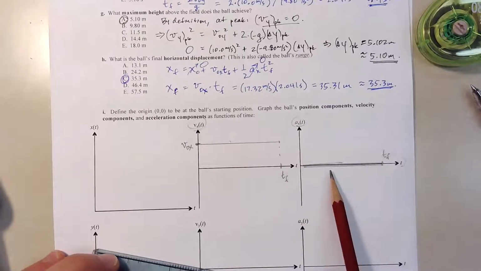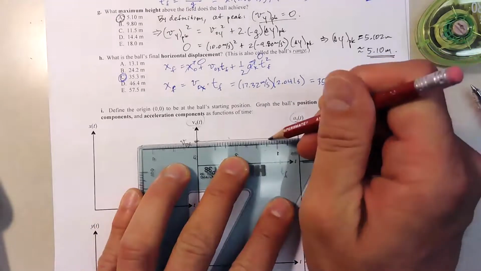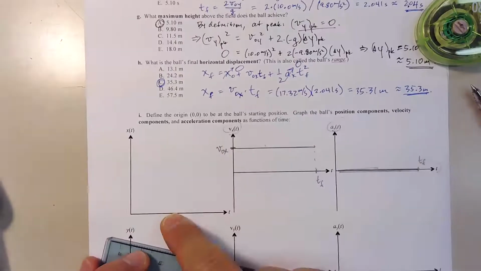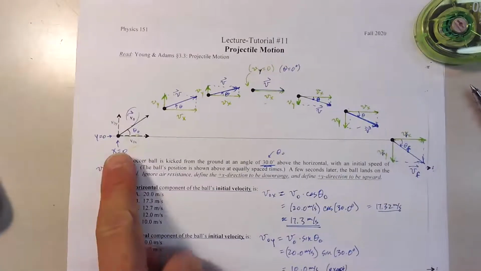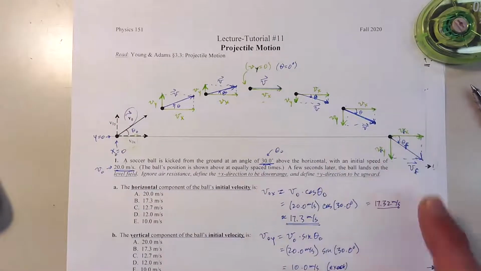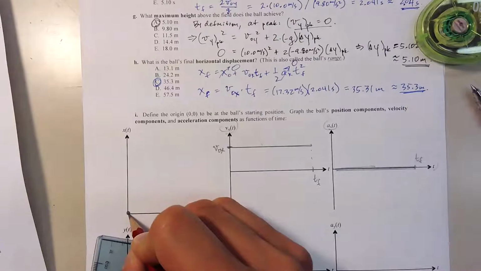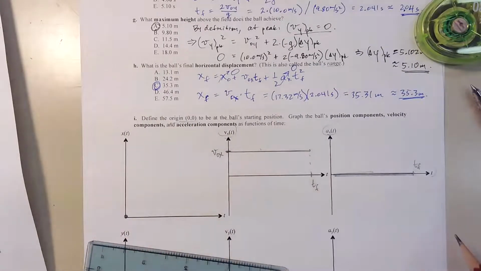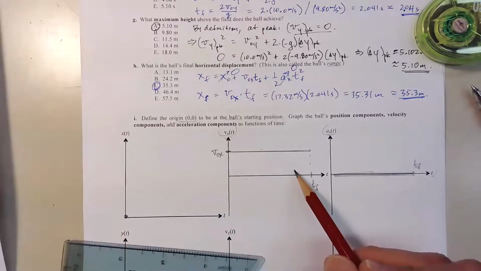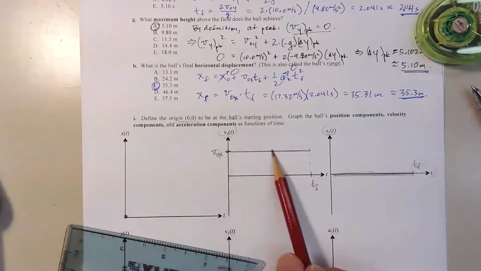Good, perfect. Now, what should the horizontal position of the soccer ball do over time? Common sense tells us that the horizontal position of the soccer ball increases monotonically at all later times. How does it increase? Well, we'll start at the origin. We'll assume that the origin is where the ball is kicked from. And then it increases in such a manner so that the velocity is the slope of the position graph.